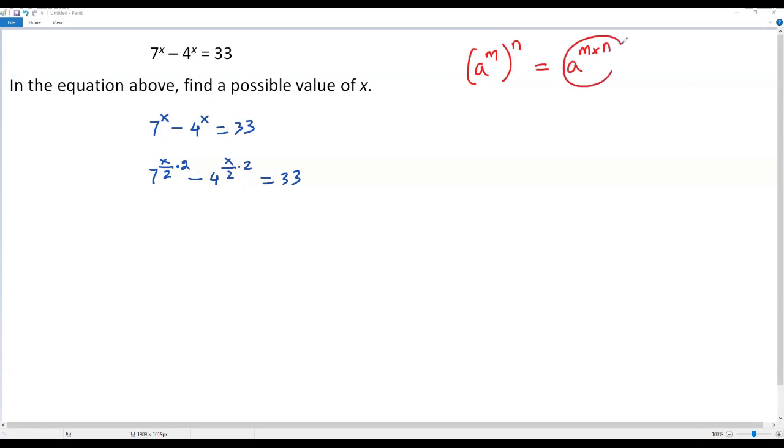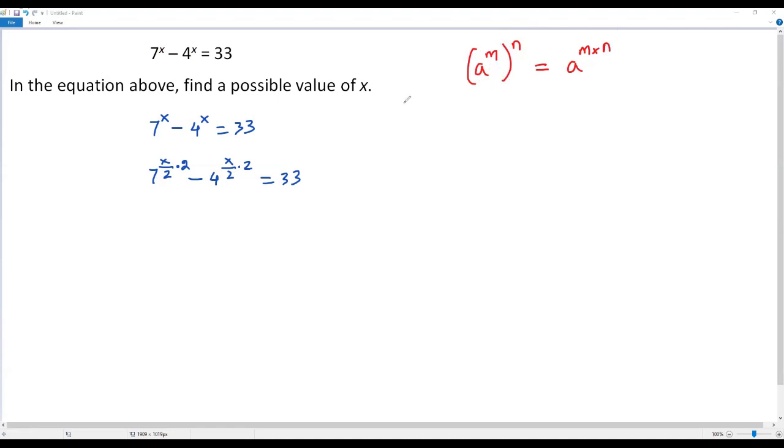On the right side, we have base a and two values multiplied at the exponent. Whenever two values are multiplied at the exponent, one of these two values can be taken as the exponent for the base a, and the other value should be taken as the exponent for the complete expression. For example, if I take the first value m as the exponent for the base a, I get a to the mth power, and the other value n should be taken as the exponent for this complete expression.